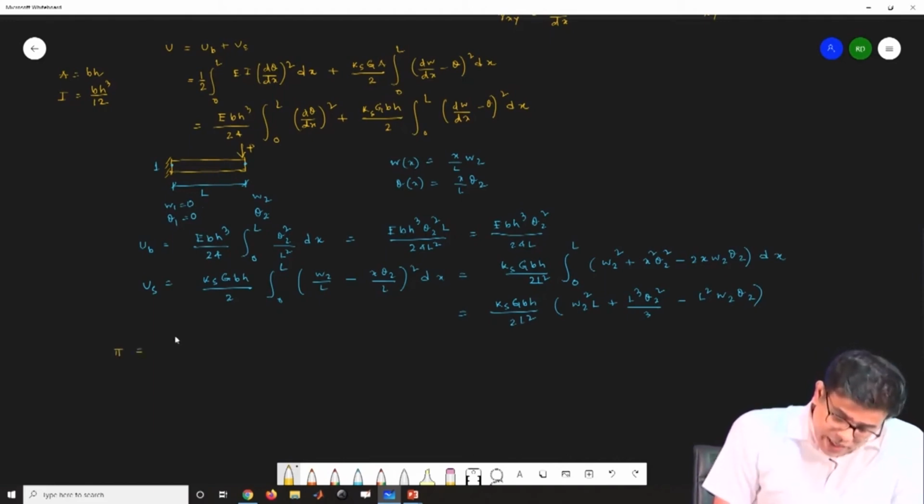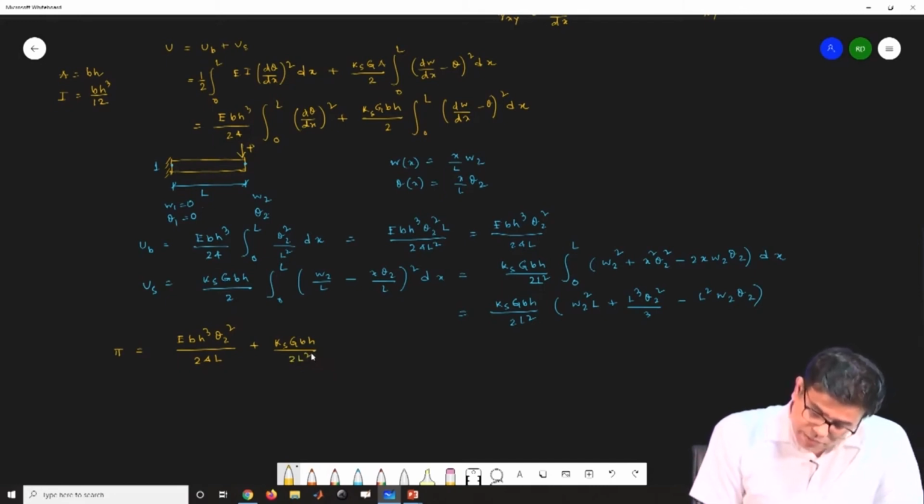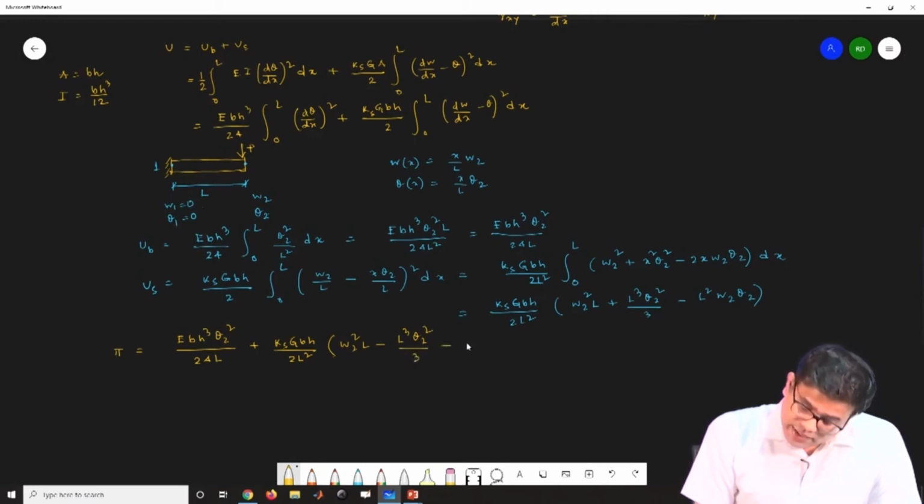The bending strain energy is E B H cube theta 2 square by 24 L, plus Ks G B H by 2 L square multiplied by W2 square L plus L cube theta 2 square by 3 minus L square W2 theta 2.